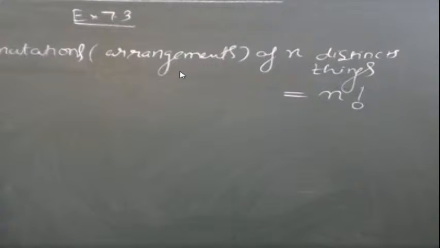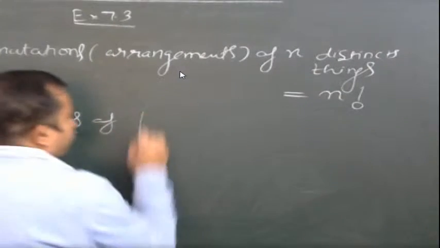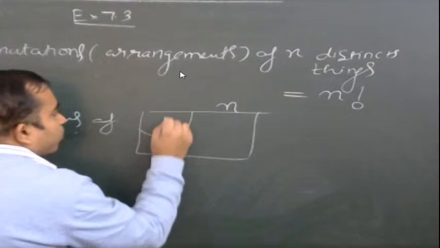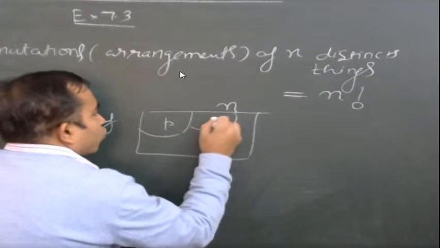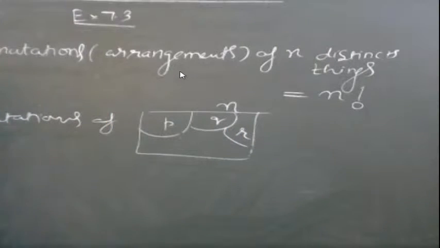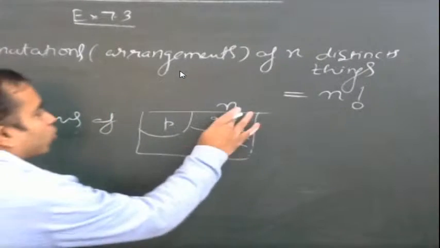And we also discussed the number of permutations of total n objects, but out of that p objects are similar, q objects are similar of other kind, and r objects are similar of other kind, and there are many other things which are totally different.